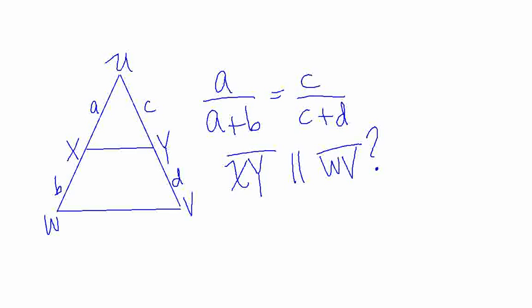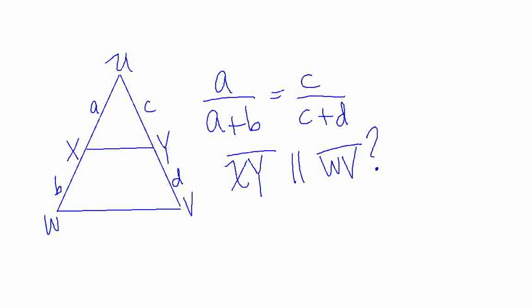So we've got a small triangle overlapping a large triangle in the picture, right? And we can take it as a given that two corresponding side length ratios are equal.